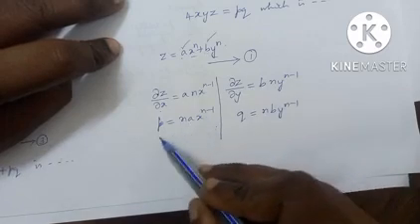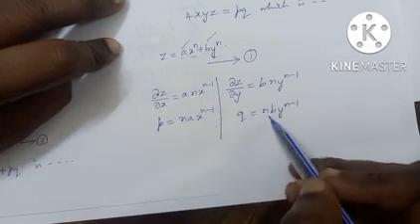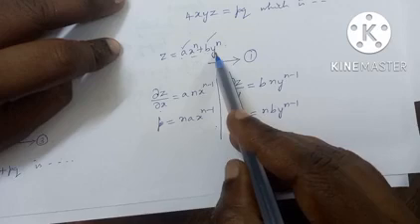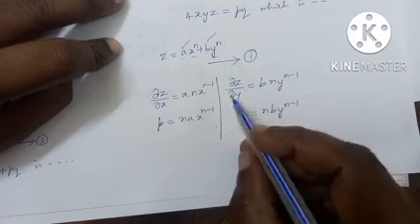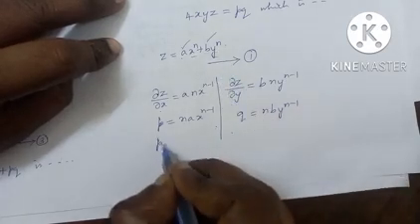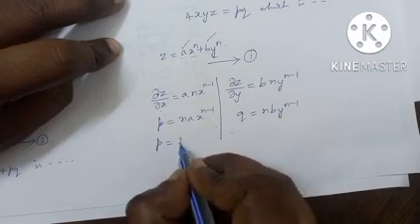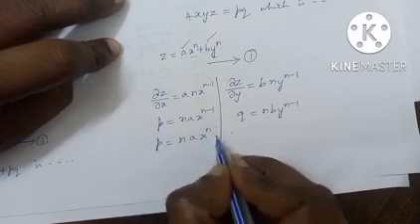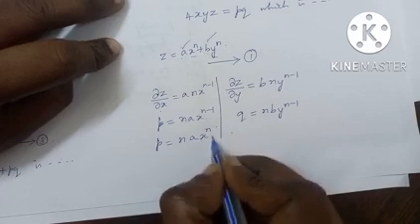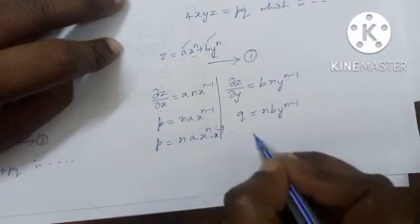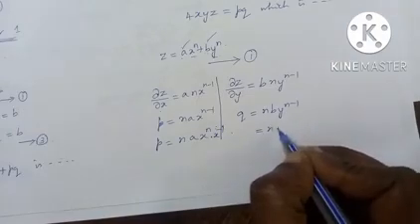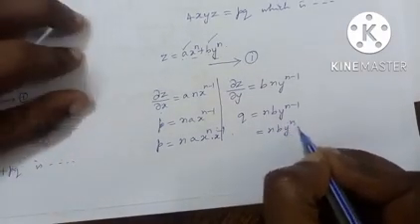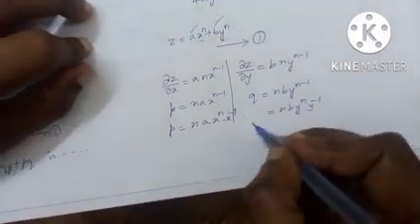You can find answer a and substitute. Answer b and substitute. Okay? Otherwise, if you think smart, you will easily get another method. See, x power n into x power minus 1. Similarly, b y power n, y power minus 1.